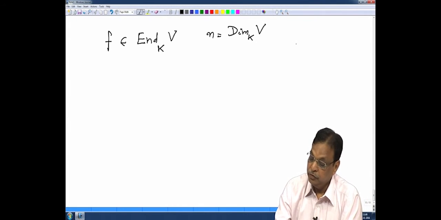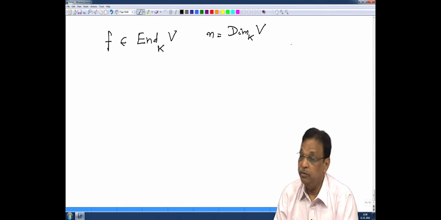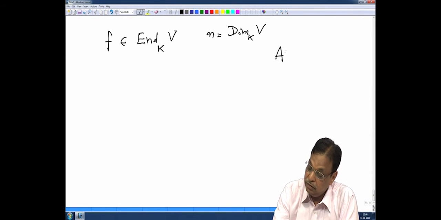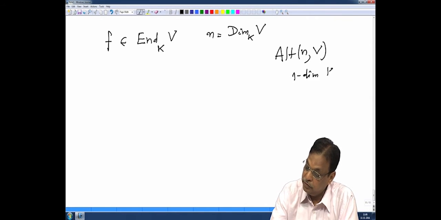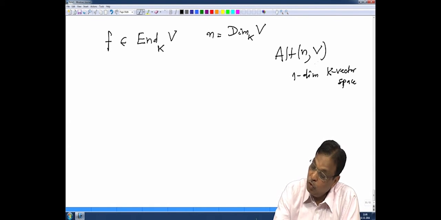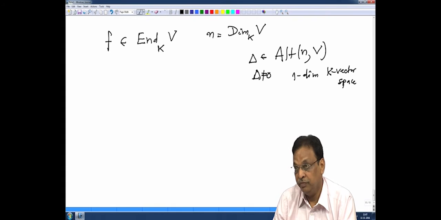And I am going to use the main theorem of determinant, that Alt^n(V) is a one dimensional K vector space. Therefore, if delta is in here and delta is non-zero, then this delta will be a basis.